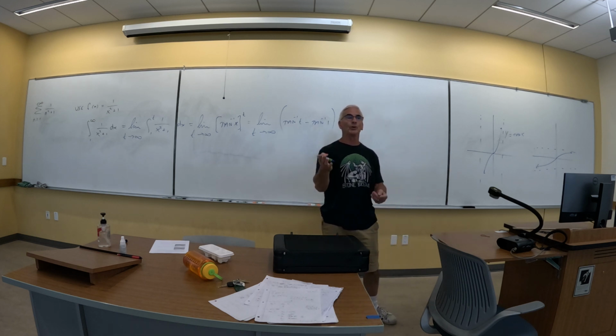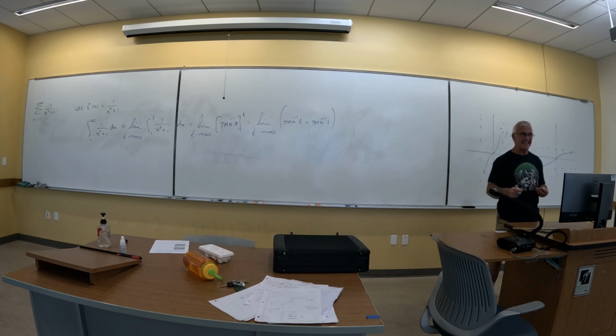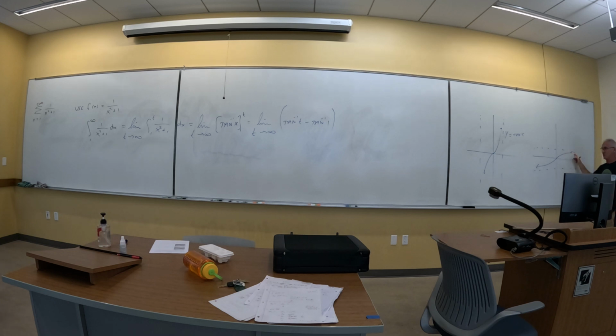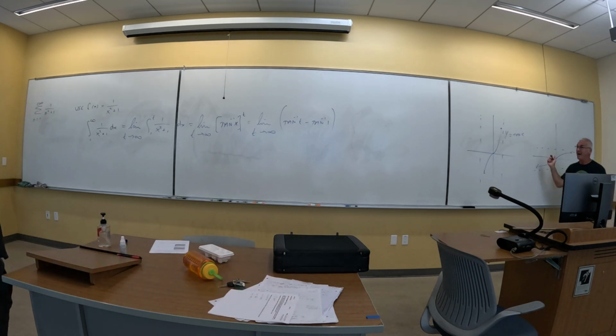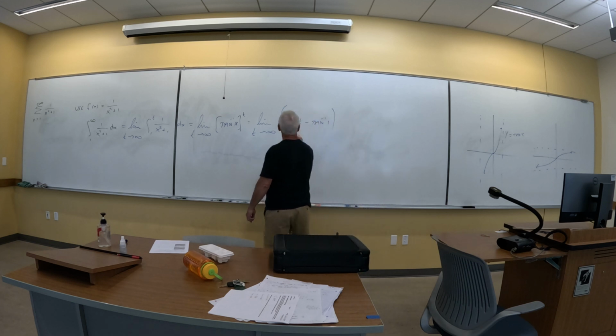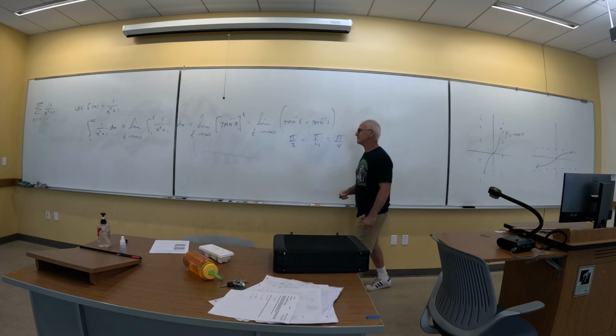Sometimes we forget. That's one of the very first limits you learn because they're so nice and easy to work with. So because this is a horizontal asymptote, I know that limit is going to be what? Pi over 2. So this is pi over 2, and what's inverse tan of 1? It's pi over 4, so my answer is pi over 4.